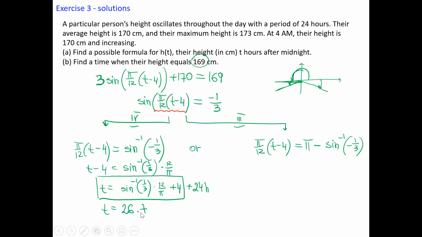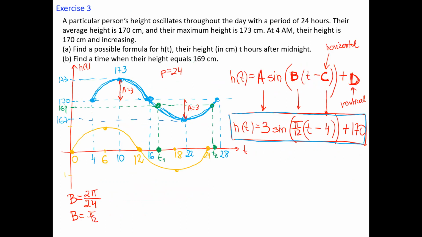And 26.7 means almost 27 hours, 26.7 hours after midnight. That's when we reach another midnight, 24, and then we have 2.7 hours left. This one will be our t sub 2, 26.7, and it makes sense, it's between 24 and 28.